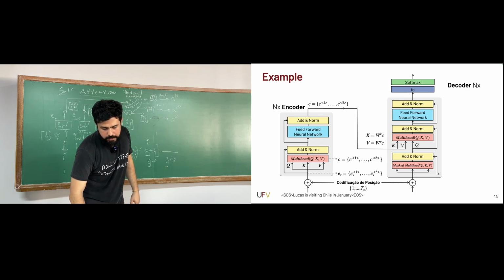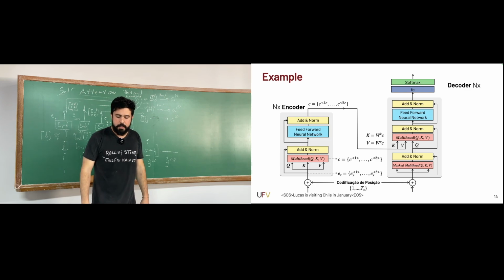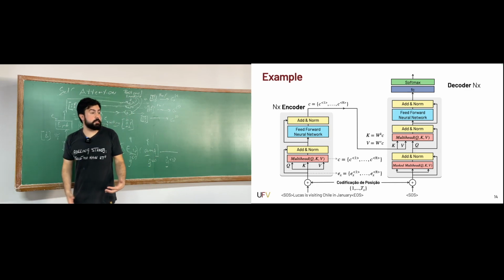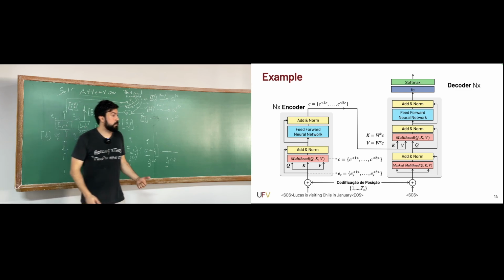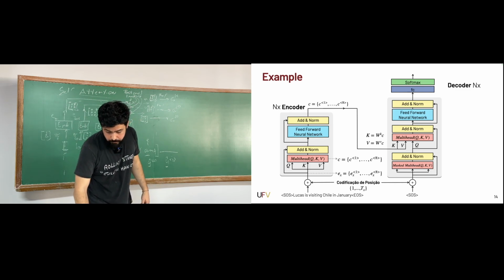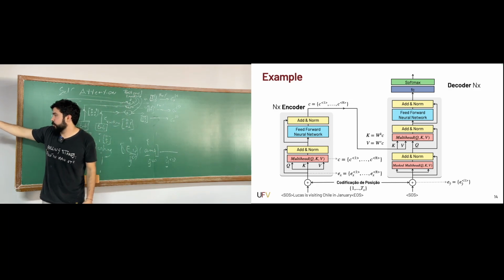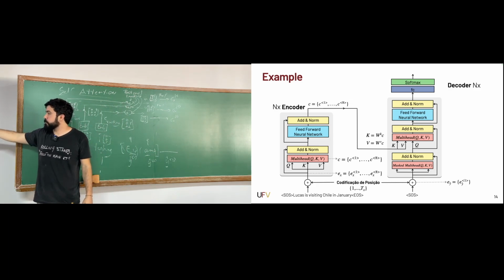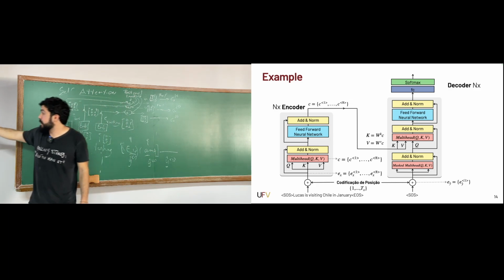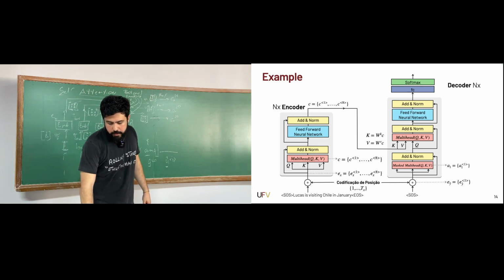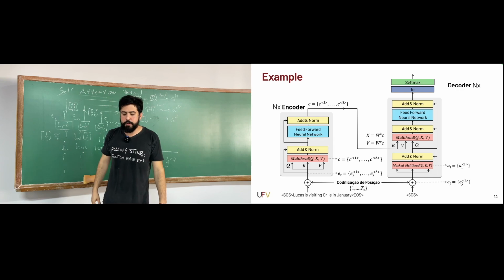Okay. Now I need to produce the Q from the decoded sequence so far. But I don't have anything so far, so I start with SOS, start of sequence. Okay. So then I produce EY hat, my embedded representation, there's only one element so far, right? Same for all the other transformations.